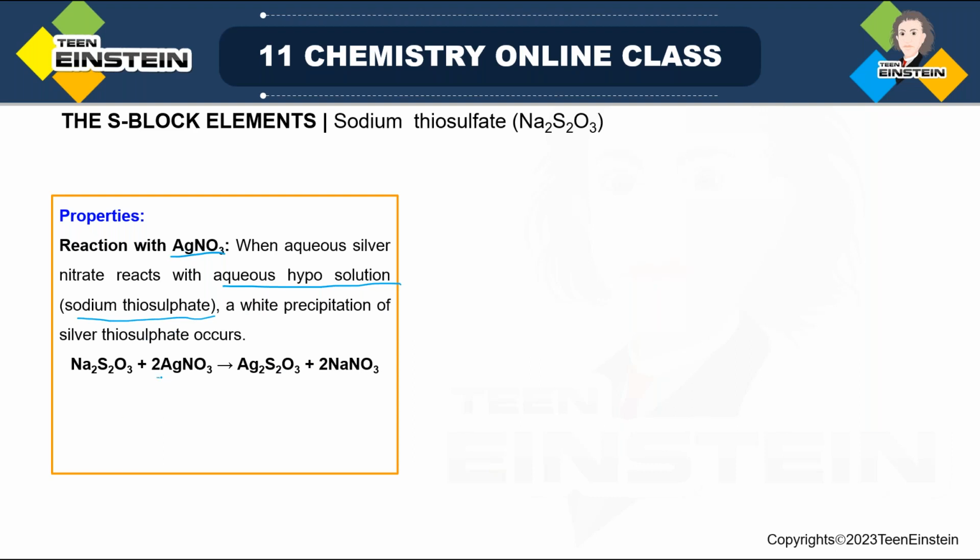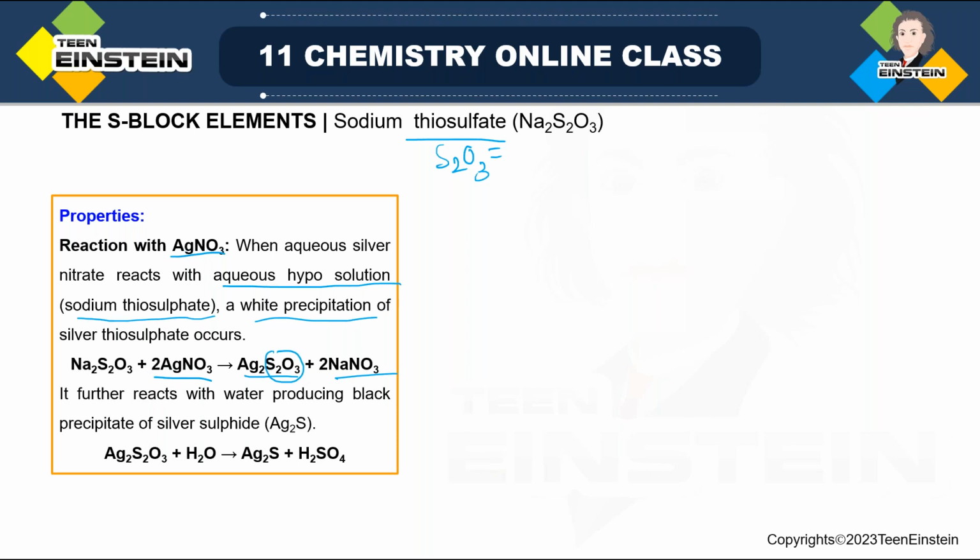So Na2S2O3 reacting with 2AgNO3 is forming Ag2S2O3. So this is silver thiosulfate because this part is the same. The term that we use, thiosulfate, is for the ion S2O3 2 negative. So this part is still the same. So you can call it silver thiosulfate. And there will be a white precipitate. NaNO3 is water soluble, so there is no question of precipitation.